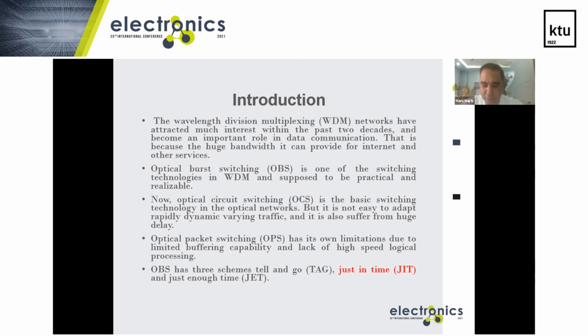In optical burst switching, the control packets are separated from the payload and are sent separately. The source transmits the payload after an offset which is greater than the processing time of the control packets at an intermediate node.